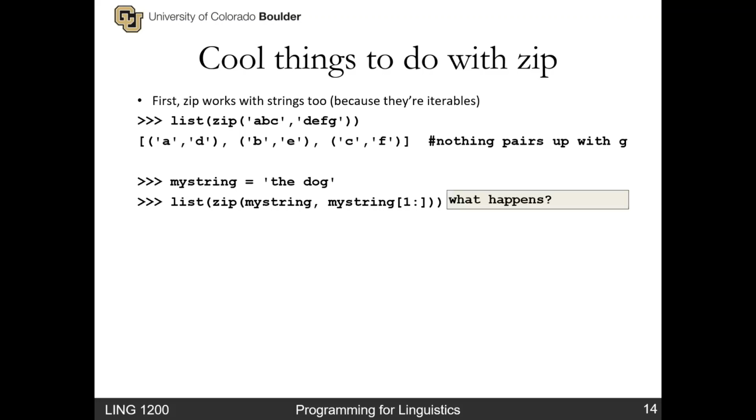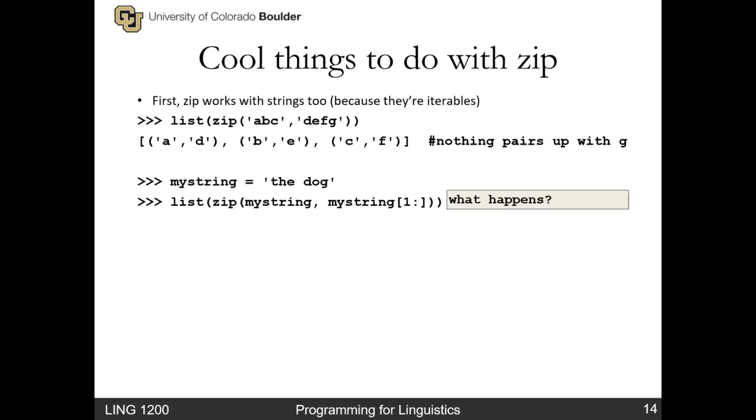So what's going to happen here? What's it going to look like? Well, if we match up the full string with the string minus the first letter, it's going to match up the first letter in the full string with the first letter in the second argument.